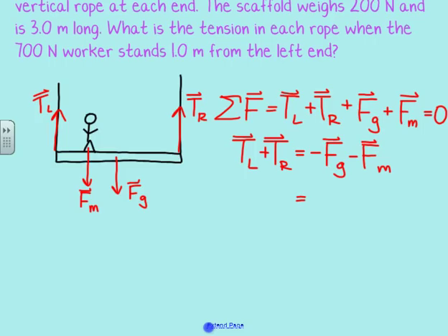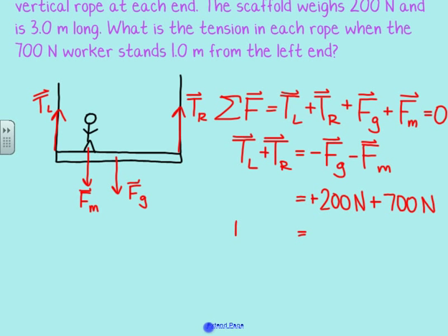Both of these are in the negative direction because they're pointed down, so when I plug in the numbers, I'll plug in a negative. Negative 200 newtons, and there's a negative in front of Fg, so that cancels to be positive, minus a negative 700 newtons.